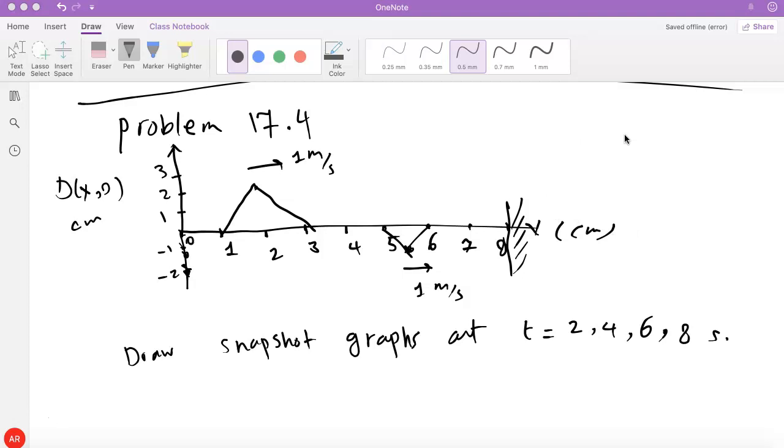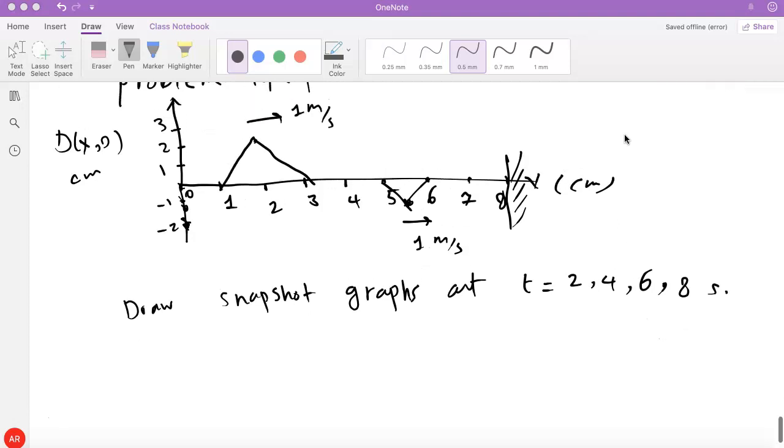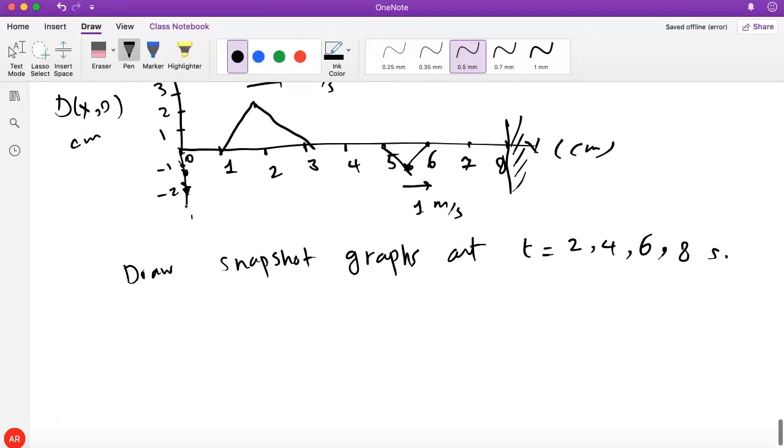And the problem is asking us to draw snapshot graphs at several times and stack them vertically, at t equal 2, 4, 6, and 8 seconds. Okay? So let's do that. Let me just try to stack them vertically below the same thing. Here, this is my fixed wall. All right, so that's the x-axis again.